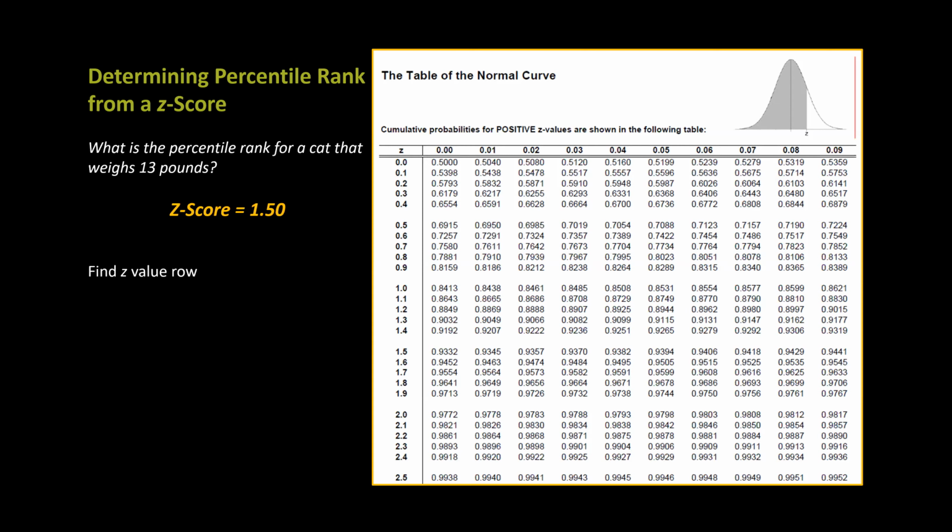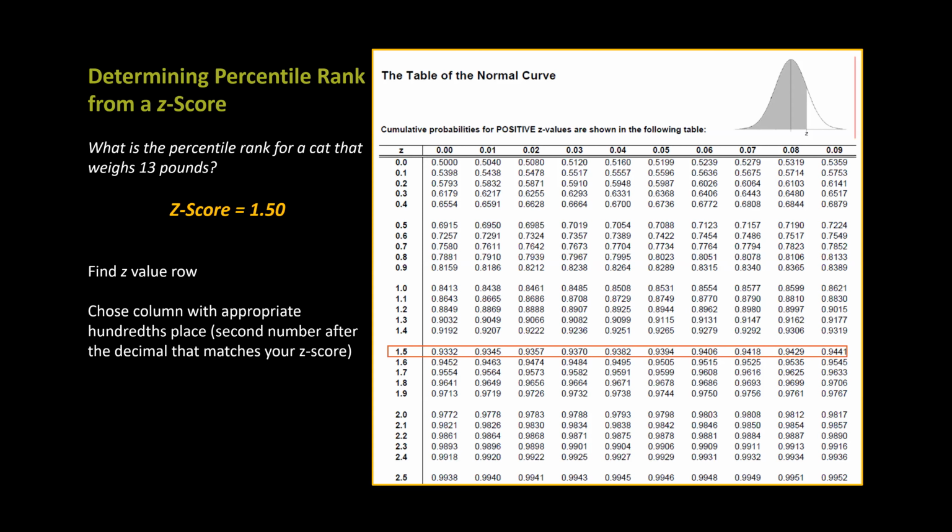First, we're going to find our z-value row, so that's 1.5. And then we're going to finish the number. And for us, the last number in 1.50 is 0. So we're going to use the first column that ends in 0.00. So if you have a z-score that ends in 0, you use the first column that also ends in 0. And then we find where these two values intersect.